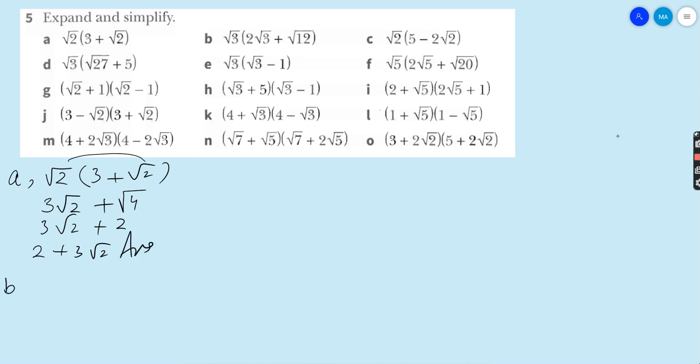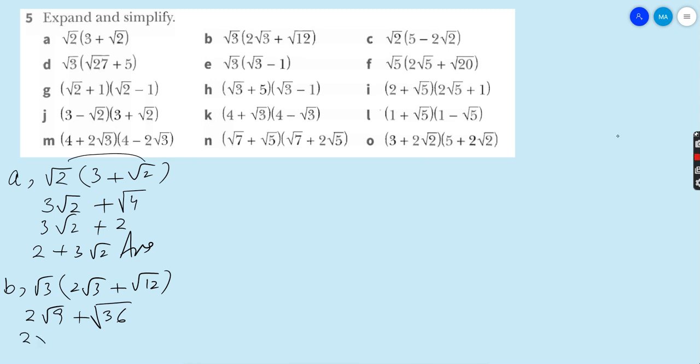Part B. Part B is root 3 multiply by 2 root 3 plus root 12. Root 3 into 2 root 3 is 2 root 9, plus root 3 into 12 is root 36.